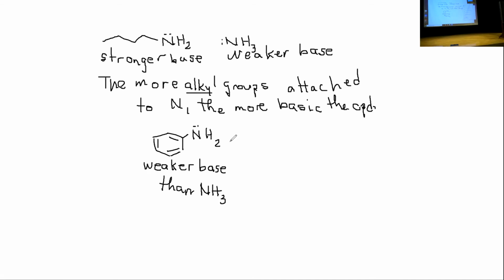Well, this is a resonance stabilized species, and it's always good to refresh our memories on resonance since it so often explains things. You can draw a number of other resonance forms. I'll show you at least one of them. But you can draw resonance forms, whoa, that looks awful, that don't have a lone pair on nitrogen any longer.